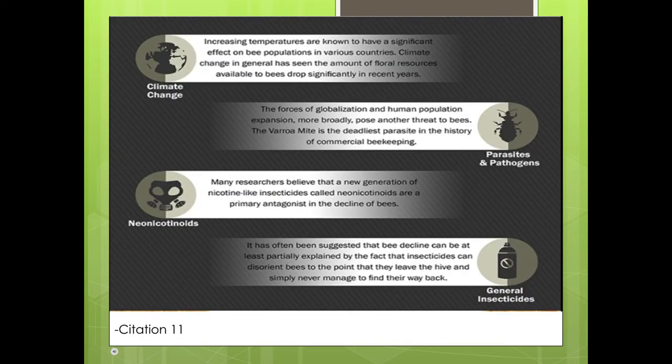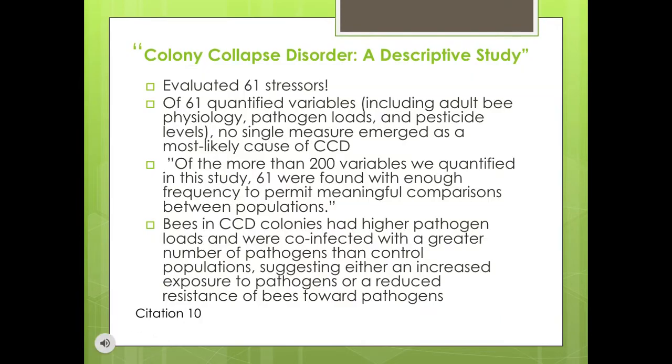So you can see through this picture that some major factors people are attributing are climate change, parasites and pathogens, and insecticides. This slide is over citation 10. So this was a descriptive study. They studied over 200 variables, and they narrowed it down to about 61.